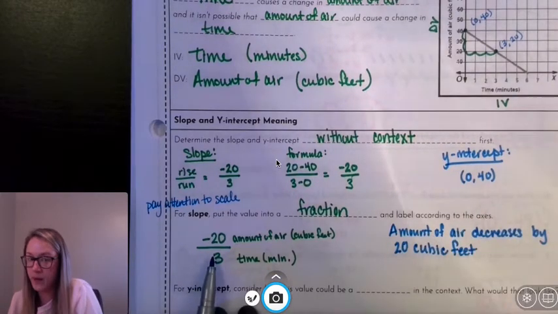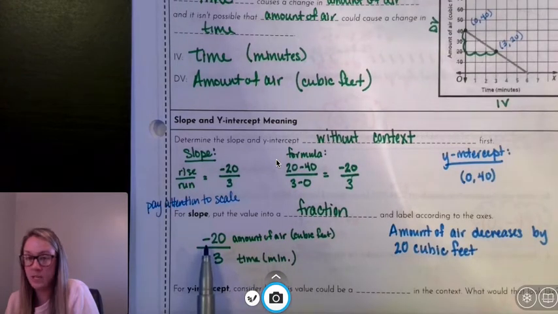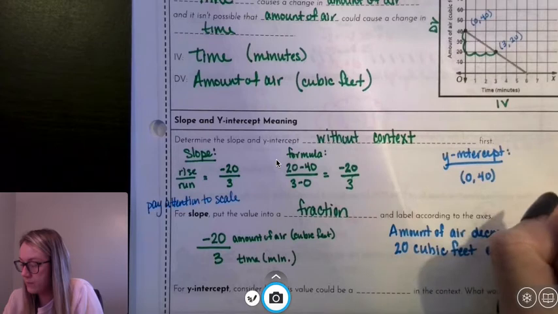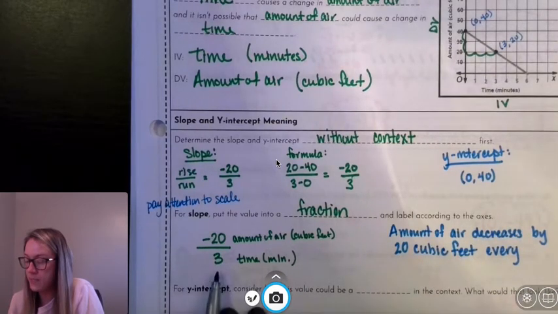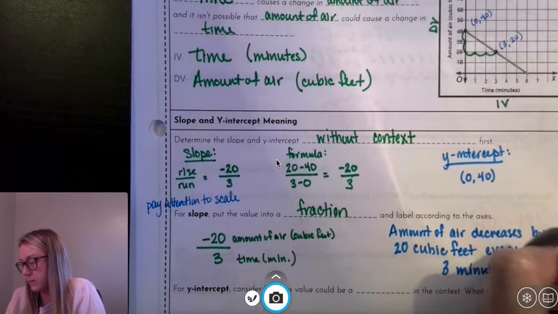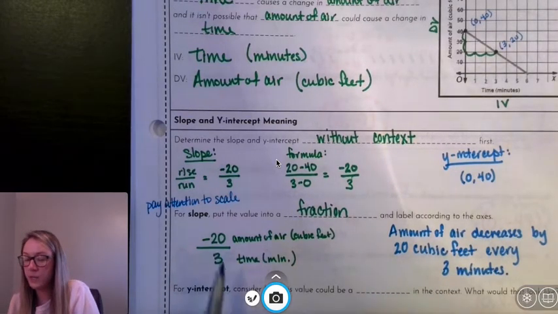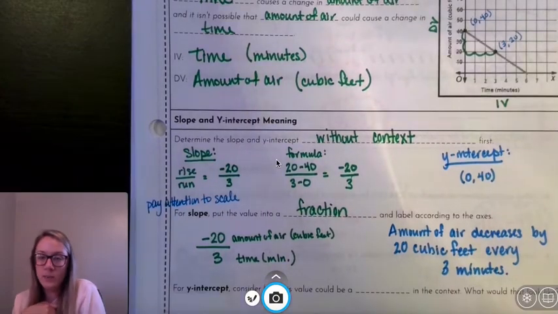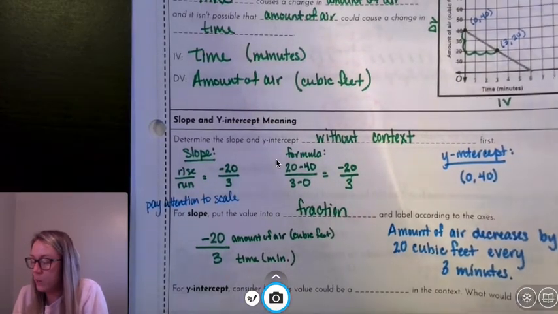So that was the top of our fraction. So the amount of air decreases, because it's negative, 20 cubic feet every, and then we need the time, so every 3 minutes. And we need to make sure that we include both the top of the fraction and the bottom of the fraction in our sentence. So we did that, and now we're going to look at our y-intercept.